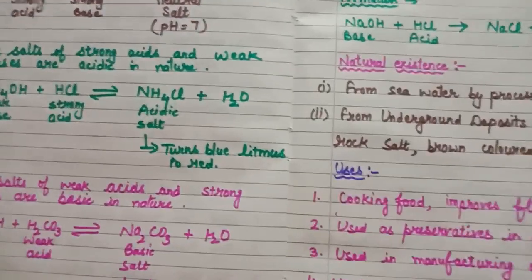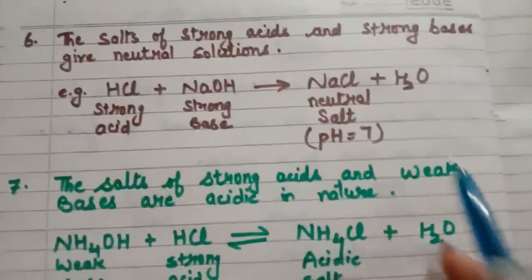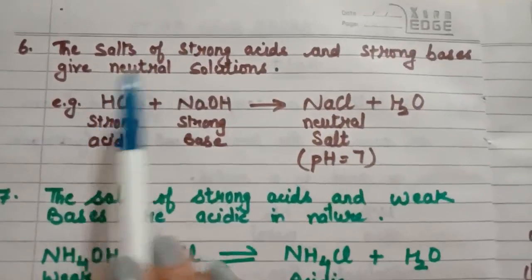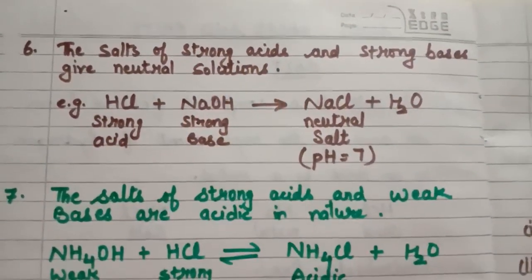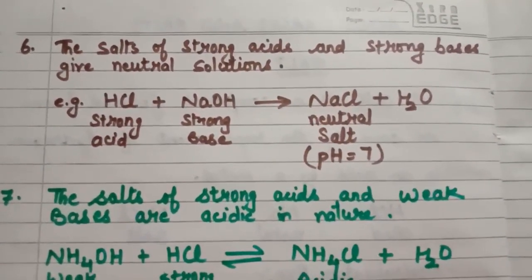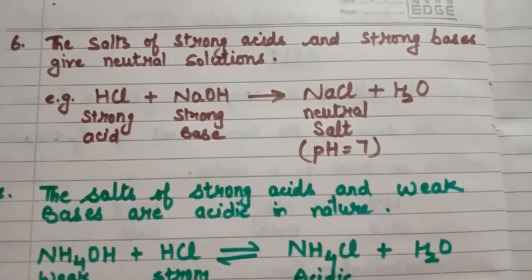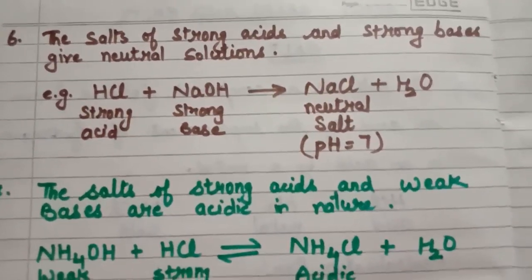Now next, the sixth property is that the salts of strong acids and strong bases give a neutral solution. We have two types of acids and bases, strong and weak. According to their strength, strong or weak, the various forms of salts are produced.